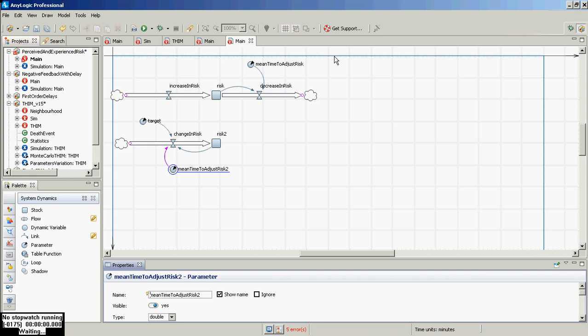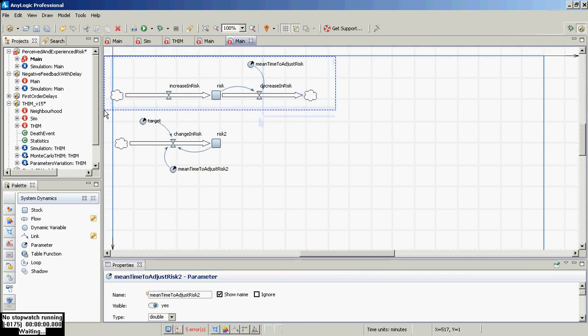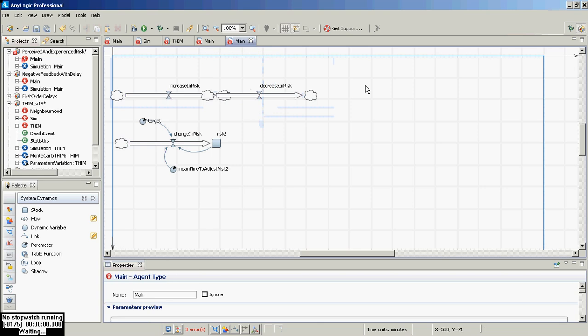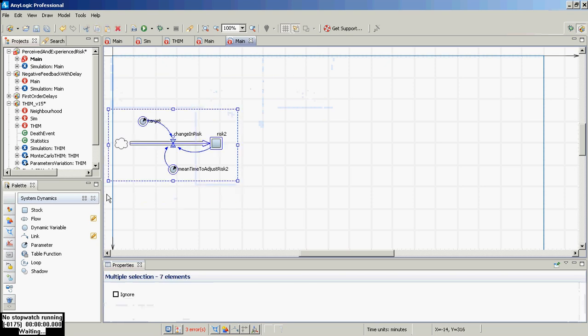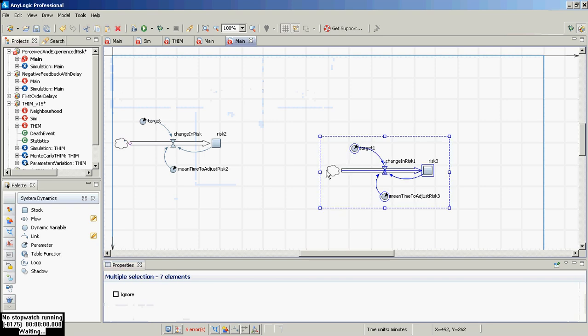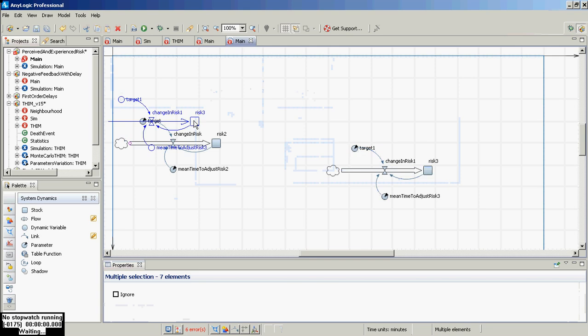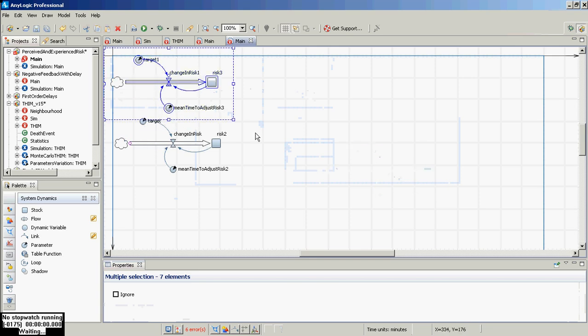So this top one was kind of nice, but I'm going to sacrifice it. Control X. Okay. And then I'm going to take this and copy this. Boom. Okay. That's what I'm doing first.